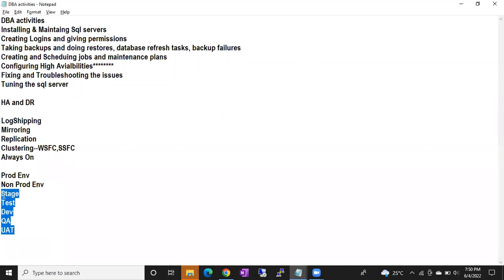If it's a big, very critical application like a banking application or IRCTC, a lot of people are going to access it, so we will have different environments. Developers will test their logic on dev servers, test servers, and stage servers also. So stage is also one kind of pre-prod or non-prod server. We can call it an environment.